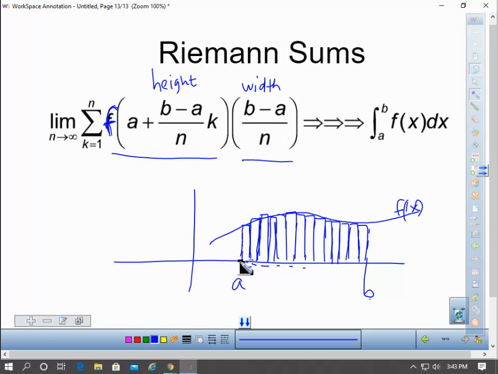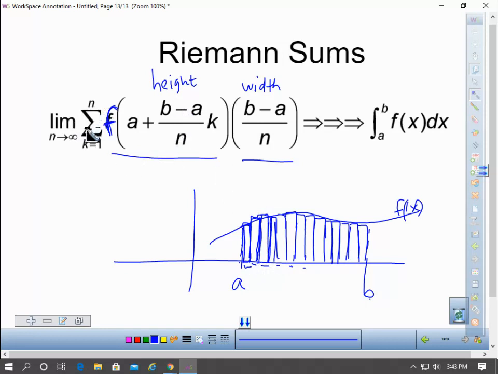So we start at A and we add one width, because I'm going to put k as 1. That gives me the right-sided, a right Riemann sum, a right-sided rectangle Riemann sum. Then when you put a 2 in here, you're going to add 2 of these widths, so 1, 2. That would give me the height of this second rectangle. And when you plug a 3 in here, it's A plus 3 of these widths, so that would give me the height of the third rectangle.